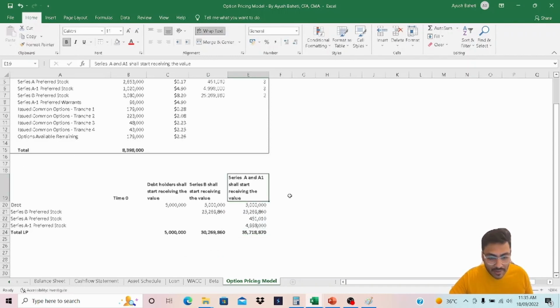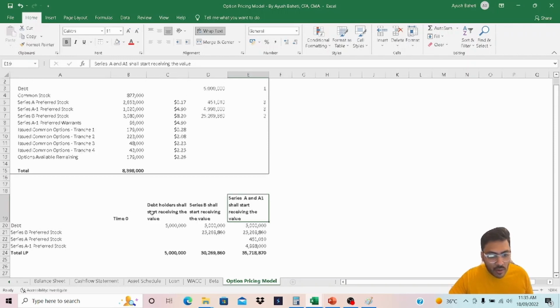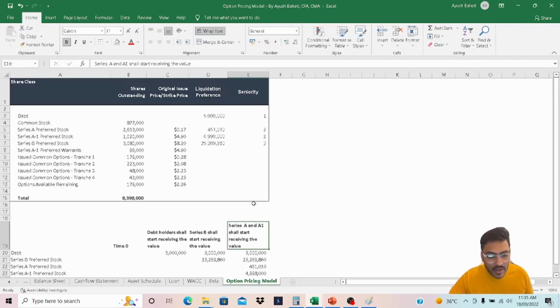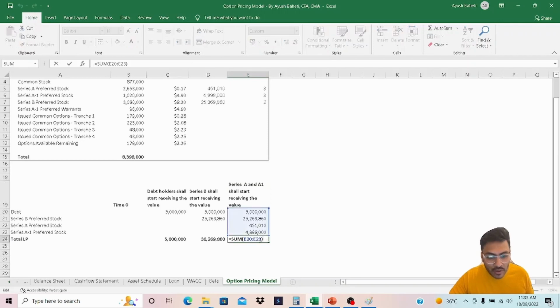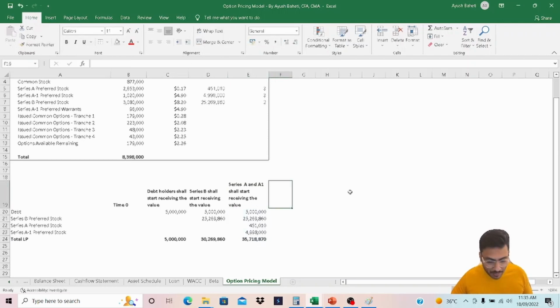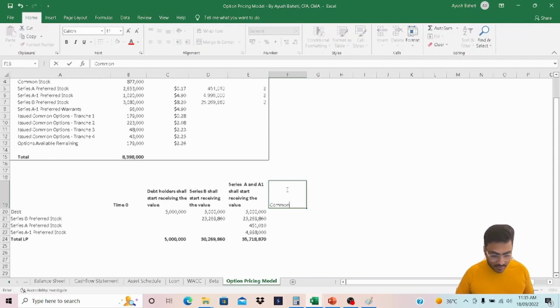Now what would happen next? Now since the debt holders and all preferred shareholders have received the value, now common can start participating. So my third strike price is common shareholders start receiving the value.